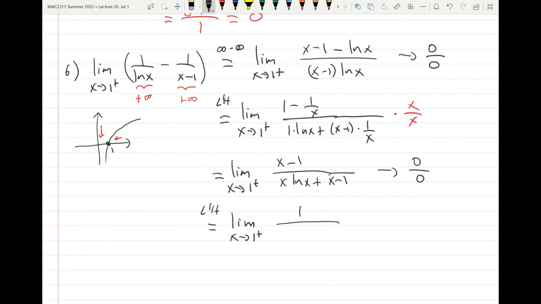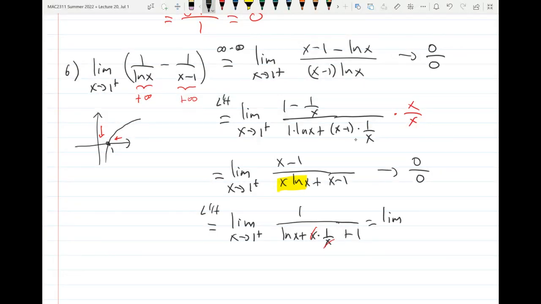And then in the bottom, we need to do another little product rule. So it's gonna be ln of x plus x times 1 over x. That's the product rule for this little part right here. And then plus 1, because of the derivative of x minus 1.